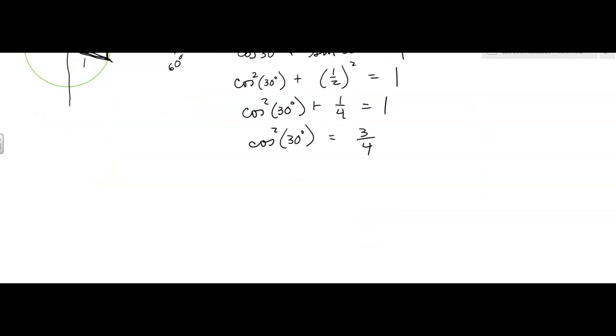And then we take the square root of both sides, so cosine of 30 degrees is equal to, plus or minus, I'll put that in for now, the square root of 3/4, because we're showing you where these come from. We're in the first quadrant, so it's got to be positive. So cosine of 30 degrees is equal to the square root of 3 over 2, and it's going to be positive.